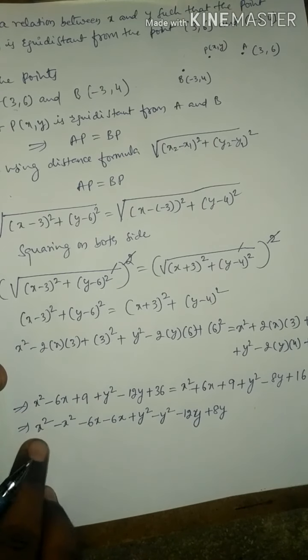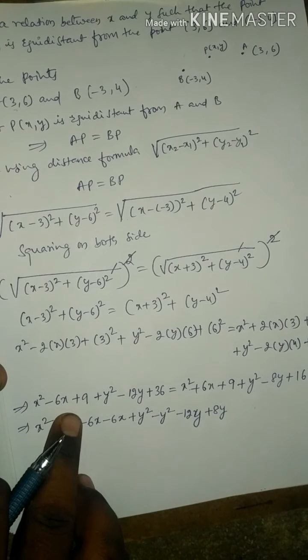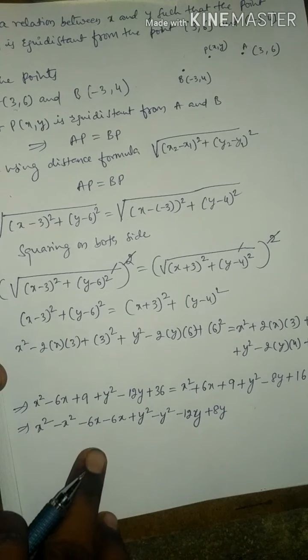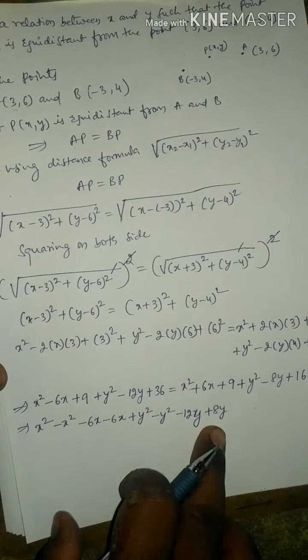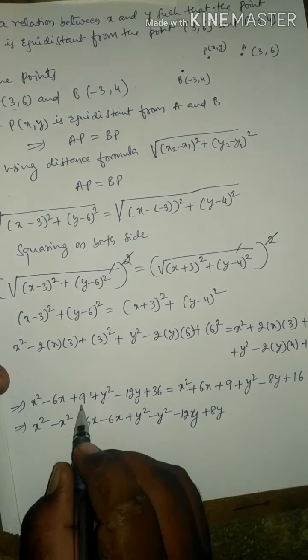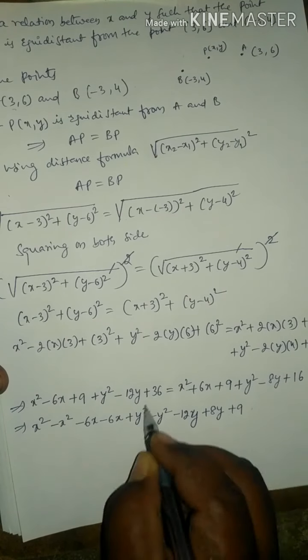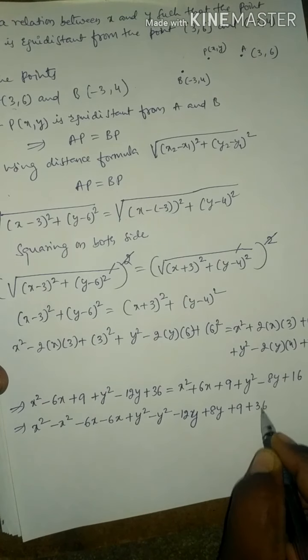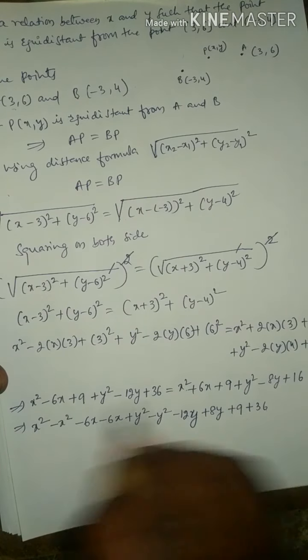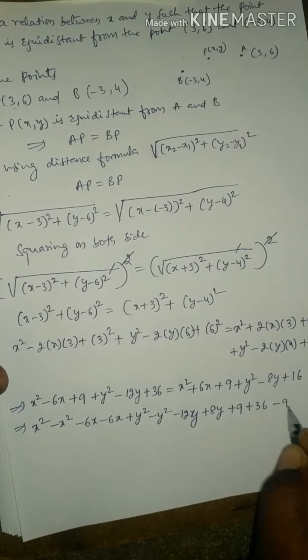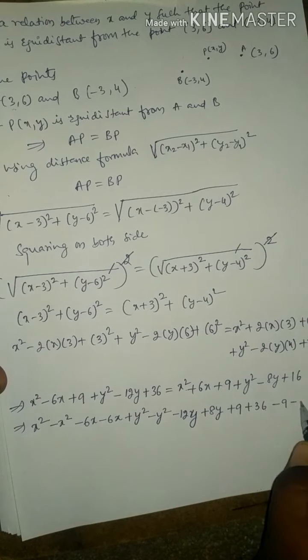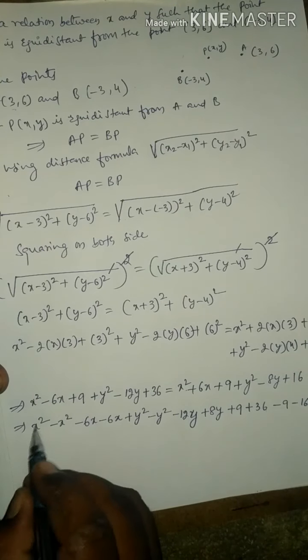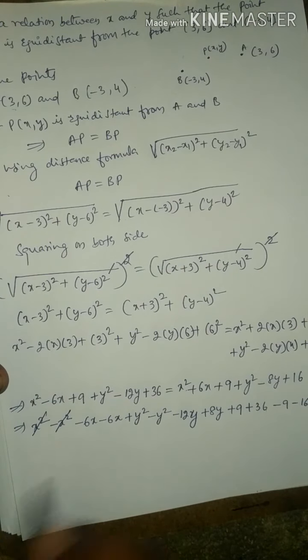Now x square terms over, y square terms over, x terms also over, y terms also over. Now we have to go for constants. This plus 9 as it is, this plus 36 as it is. Here plus 9 is there; if you transpose to the LHS, minus 9. Here 16 is there; if you transpose to the LHS, minus 16. x square minus x square is 0.